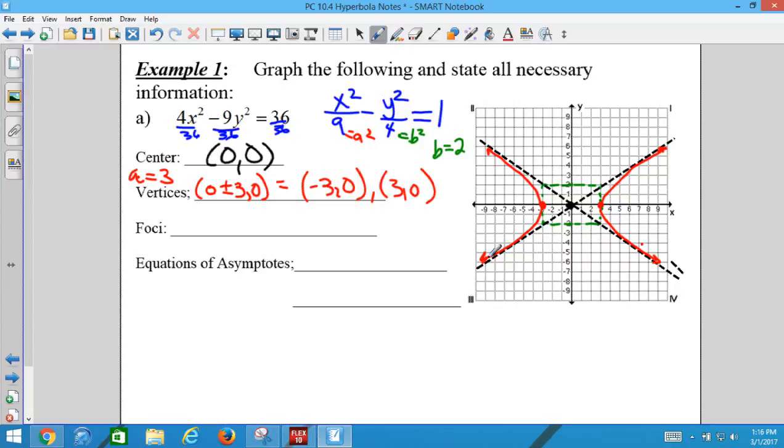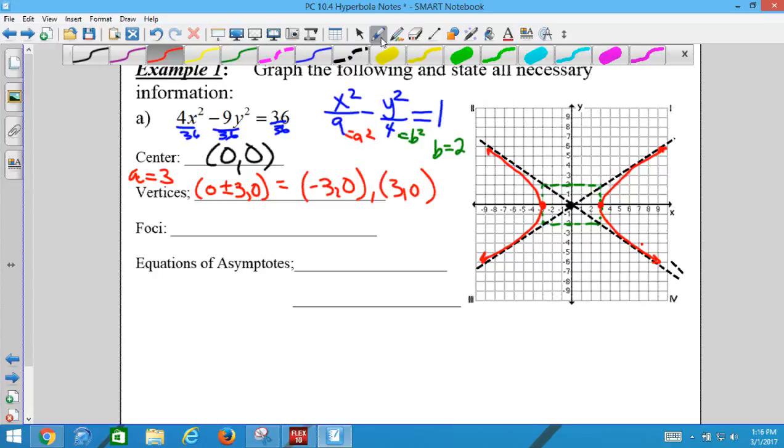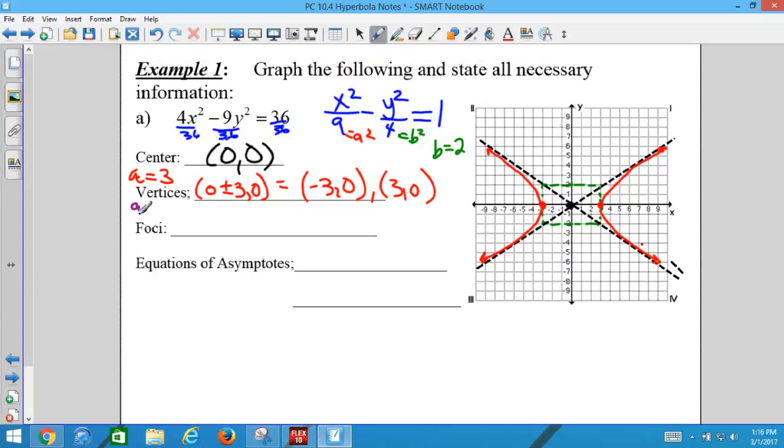Okay, then we need to find the foci. And for the foci we're going to use a squared plus b squared equals c squared. That should be easy to remember. So I'm going to do my a squared is 9, plus my b squared is 4. And then to get c, I will square root it. So c is square root of 13. And then the foci go the exact same direction that the vertices went. So since x came first, the foci are also going to be horizontal.